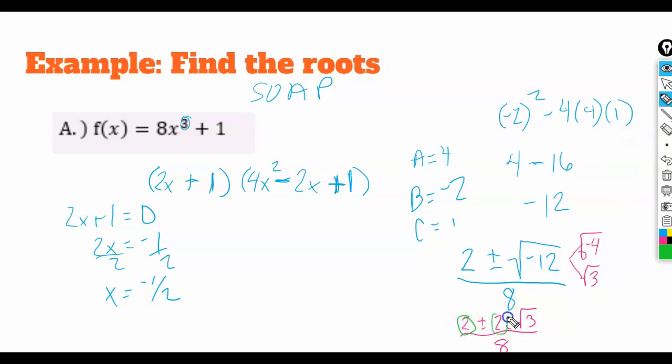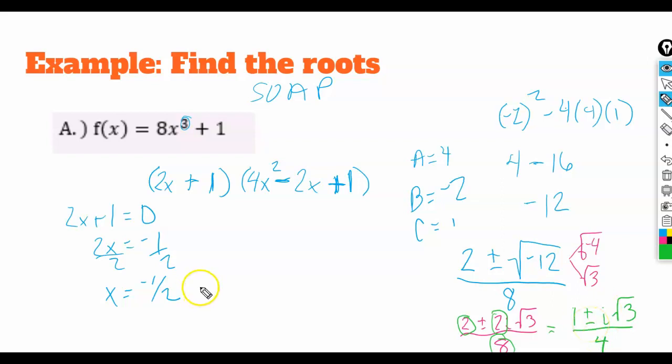There's a 2 here, a 2 here, and an 8 here. Those three all have a common factor of 2, which means that this fraction can be reduced. So 2 divided by 2 will be 1. 2 divided by 2 will be 1i. And 8 divided by 2 will be 4. So that's going to be my other two roots.